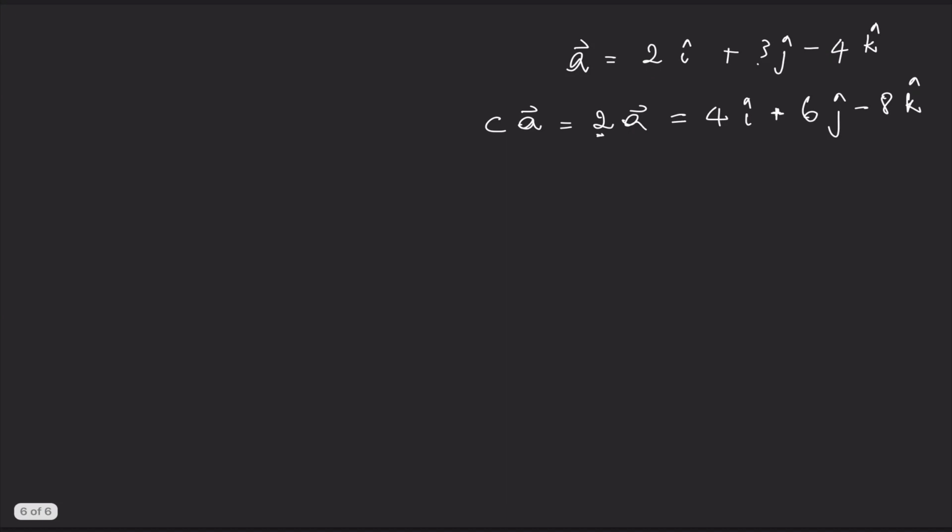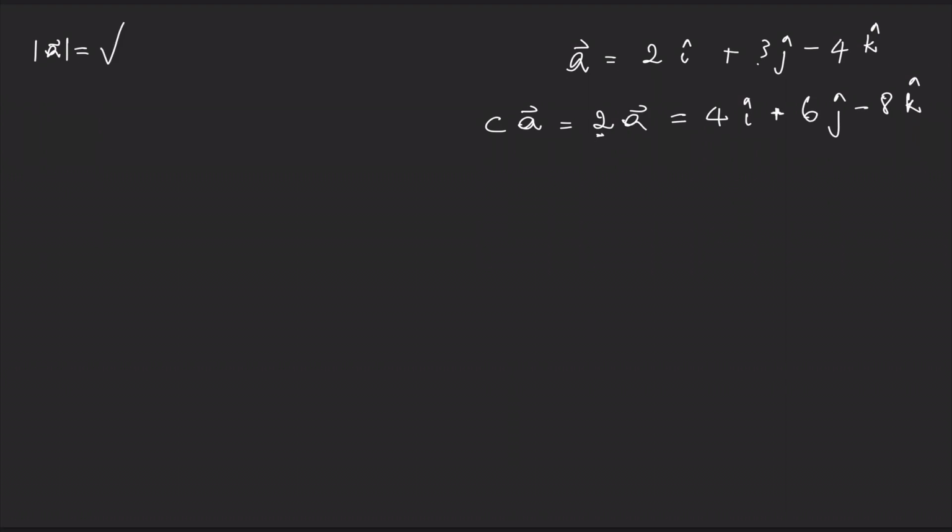Now, let's calculate the magnitude of vector A. Well, the magnitude of vector A is basically going to be the square of each of its components under a square root. So the sum of the squares of its components, rooted.